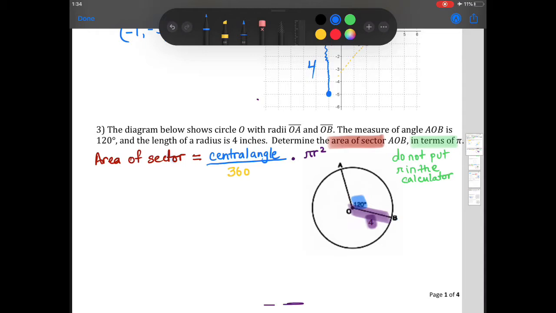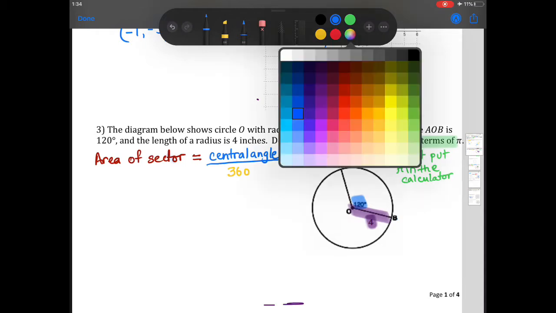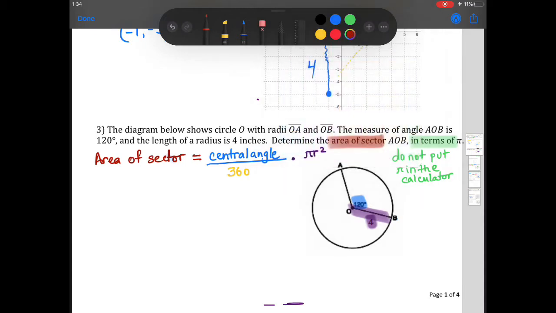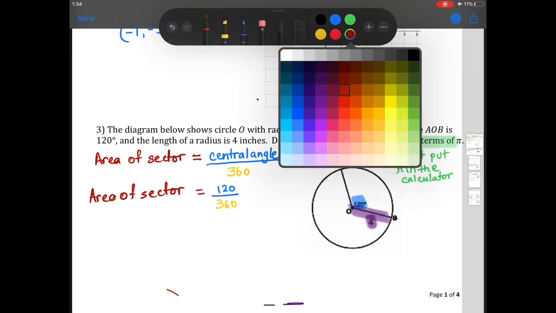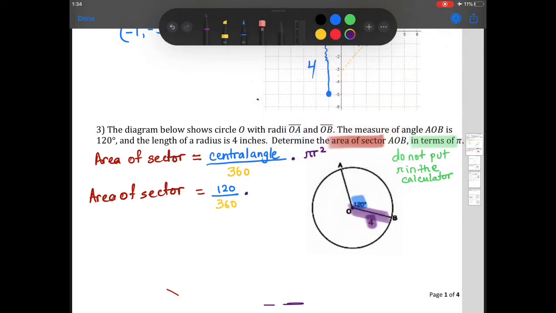Okay, so let's get started with the area of the sector. What is my area of sector? I'm going to substitute everything in, leave my pi out, and go from there. 120 over 360, and then times pi. My radius is 4 squared.